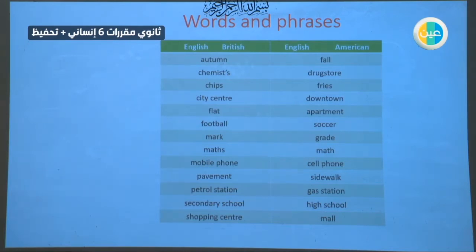And to have a full explanation, you can go to your student book, page, I think 99. Let's check the page. Yes, 99. You will have Appendix 2, British and American English: word, phrase, spelling, and grammar and usage.